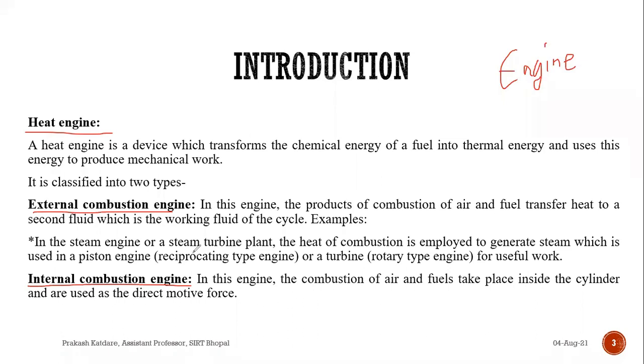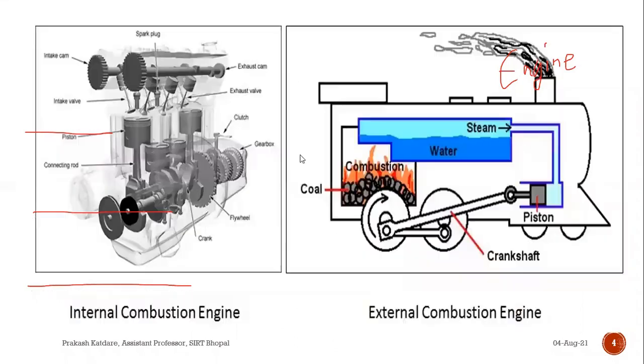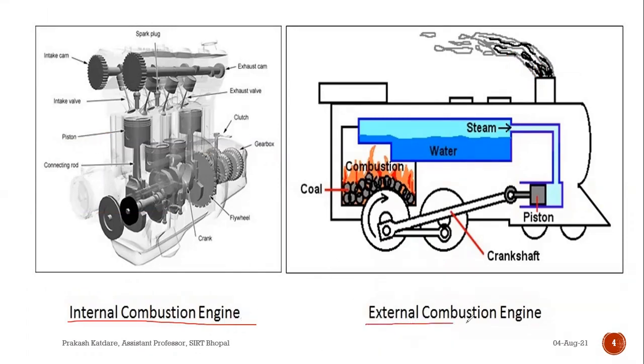While in internal combustion engine, the whole combustion chamber is inside our engine cylinder, like you can see in this image. This is our internal combustion engine, which we are employing in our automobiles or for stationary work. And this is the external combustion engine.